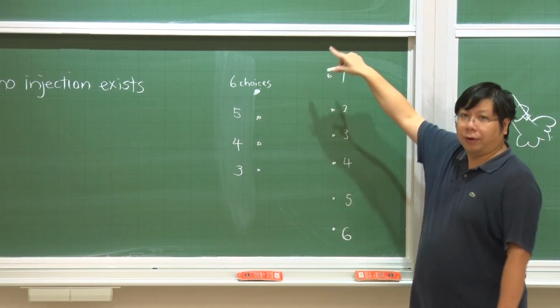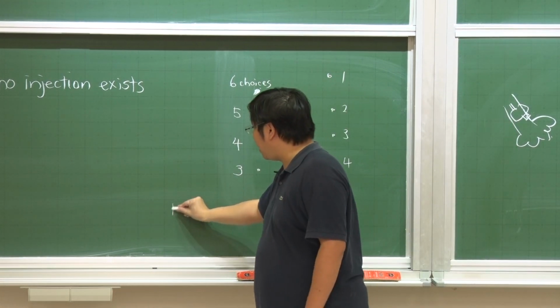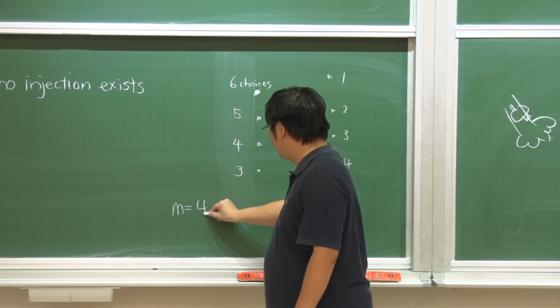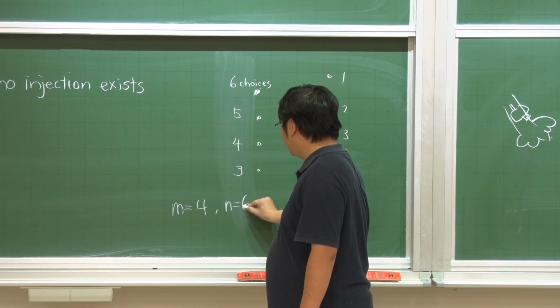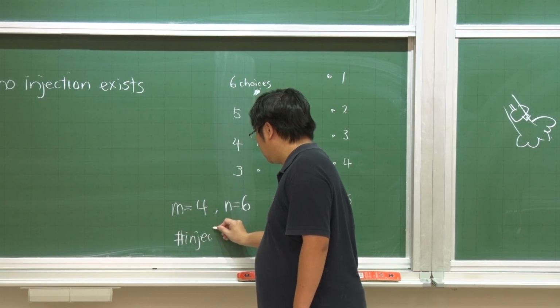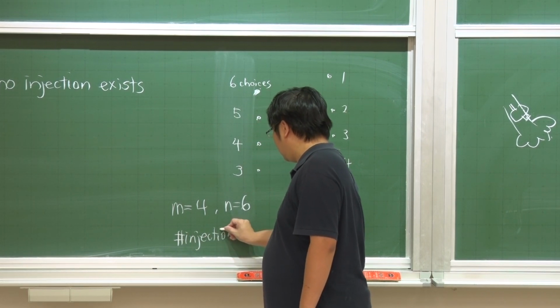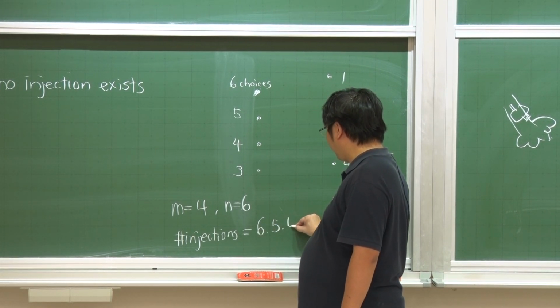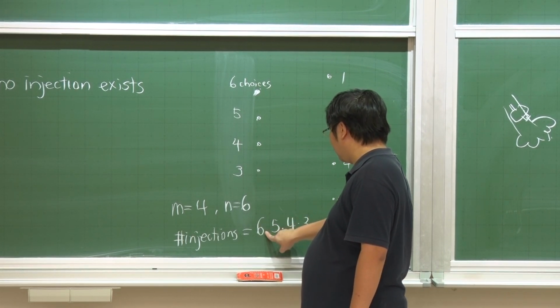In this example, m is equal to 4, n is equal to 6. So the number of injections is equal to 6 times 5 times 4 times 3. Is that okay?